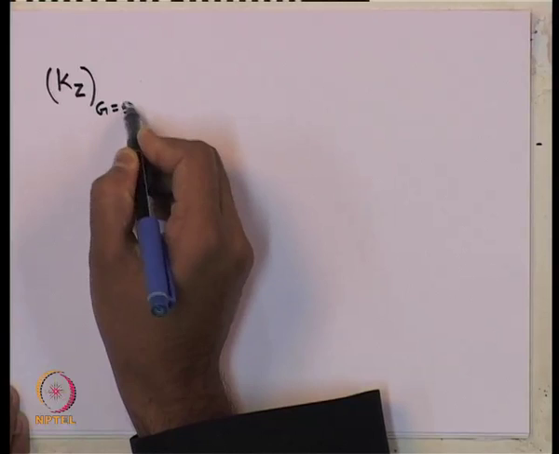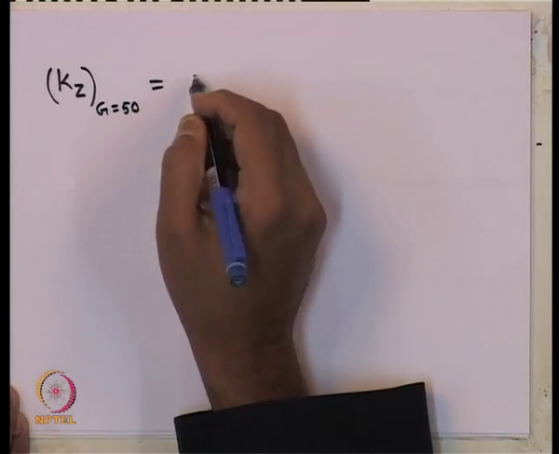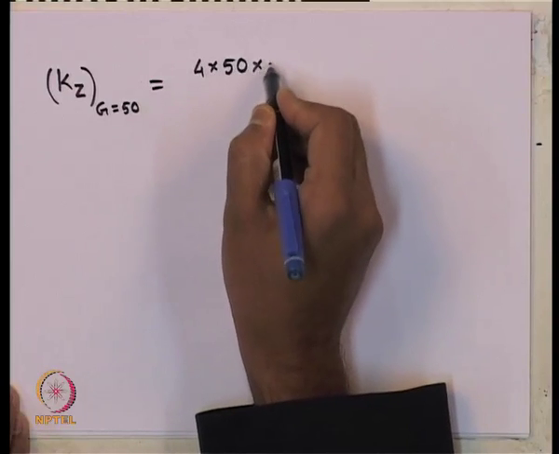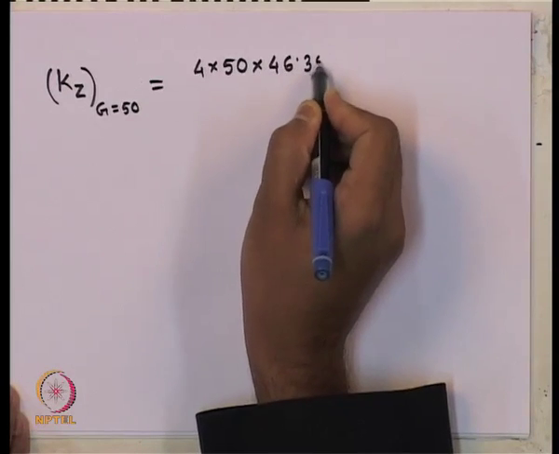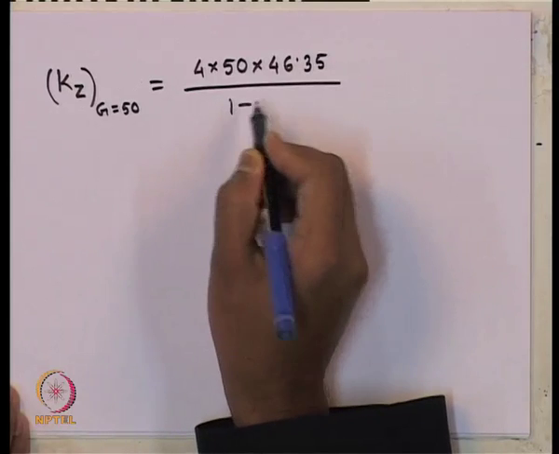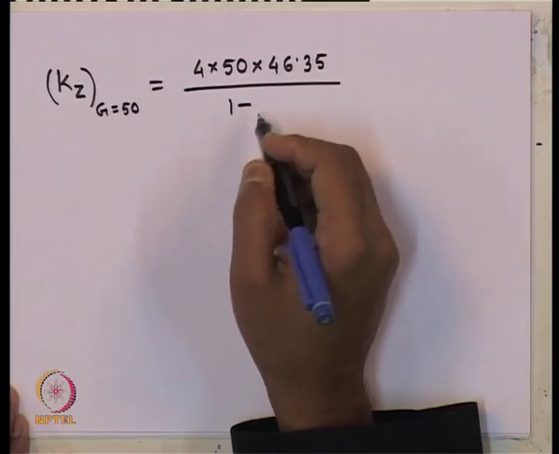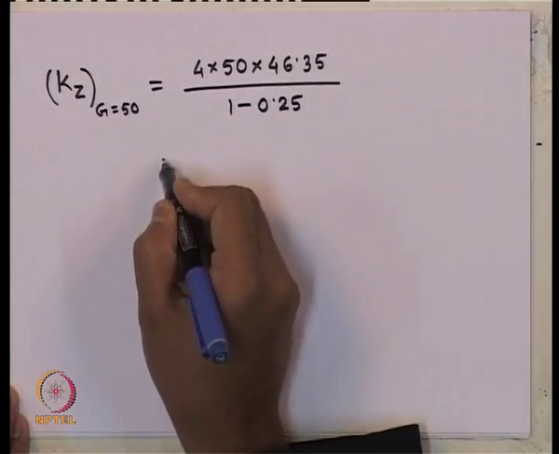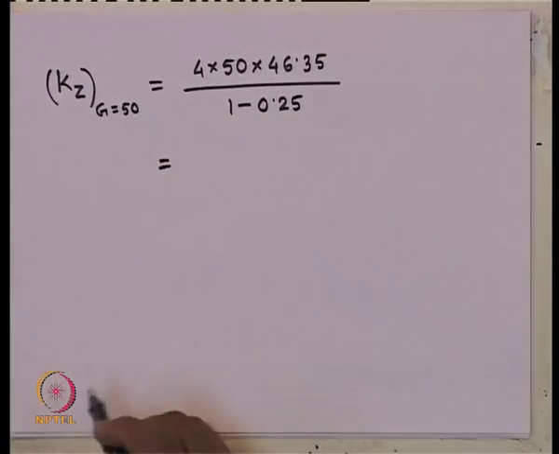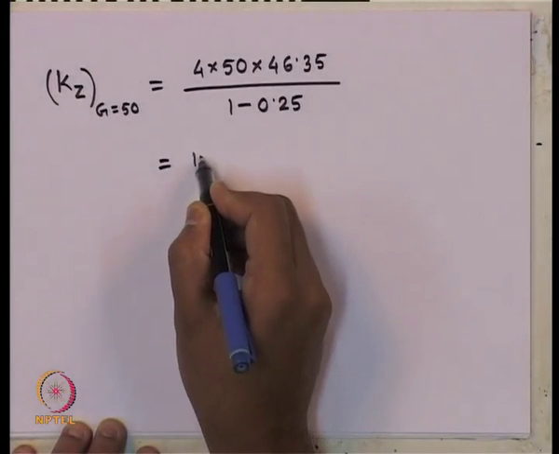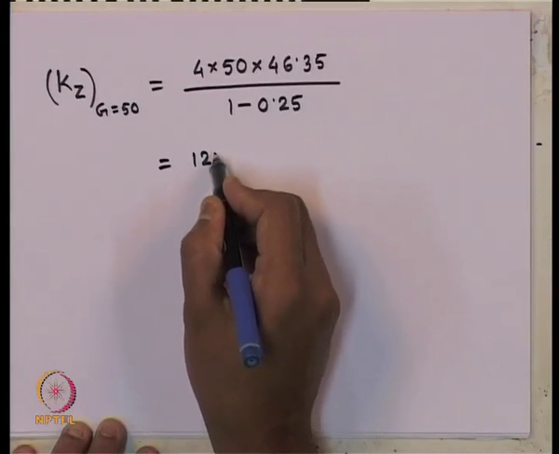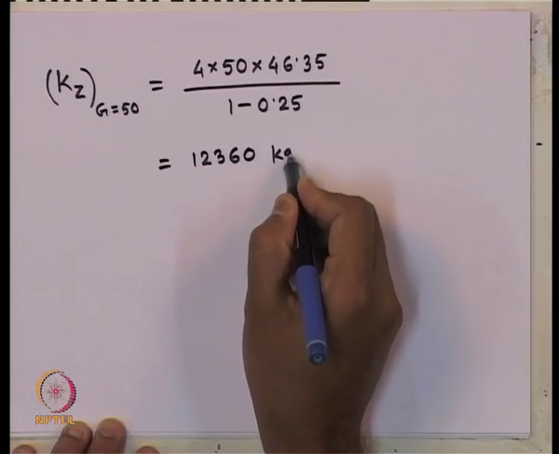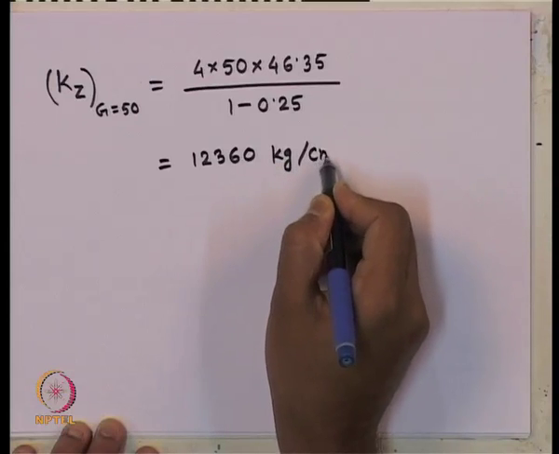With G equals 50, we get 4 into 50 into 46.35 divided by 1 minus mu, where Poisson's ratio mu is given as 0.25. So, it is coming about 12360 in the unit of kg per centimeter.